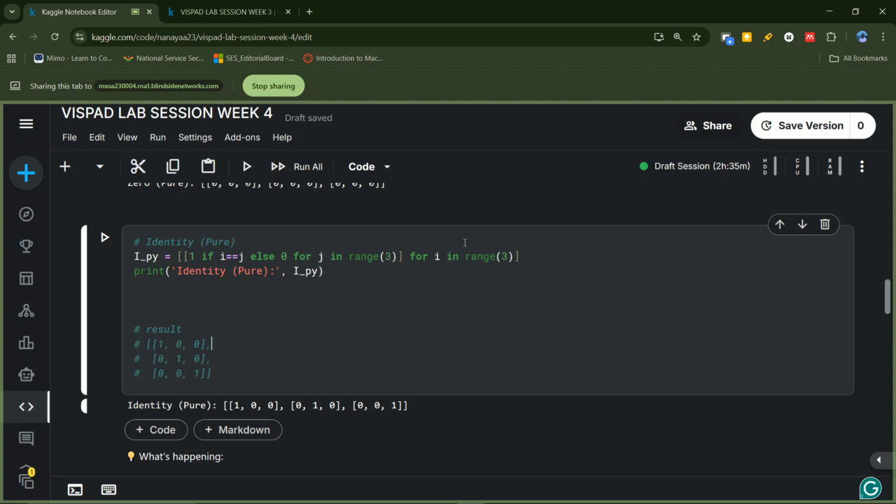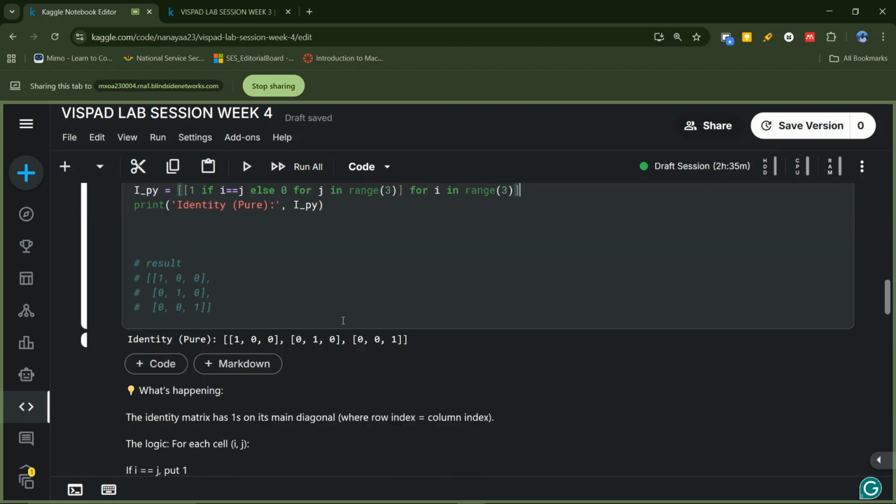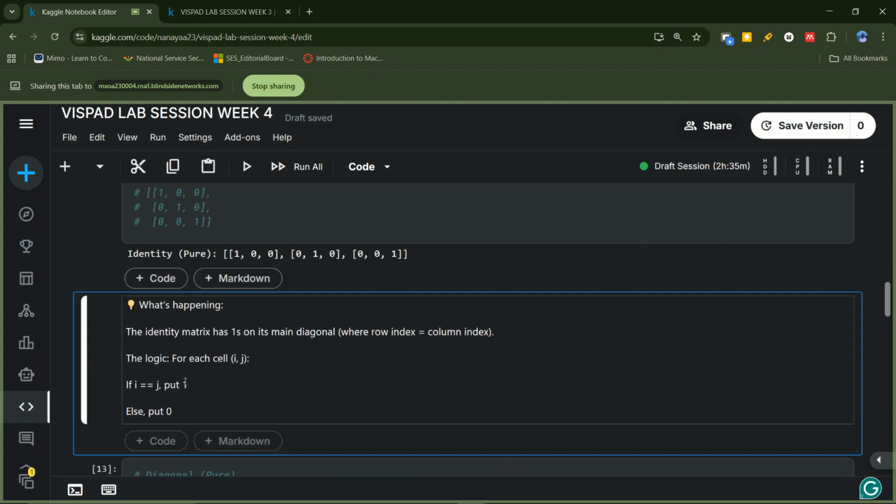So that is basically what this code is trying to do. Easy, right? Great. So over here I've already explained, but let me just read what I wrote here for you. It says that the identity has ones on its main diagonal where the row index is equal to the column index.